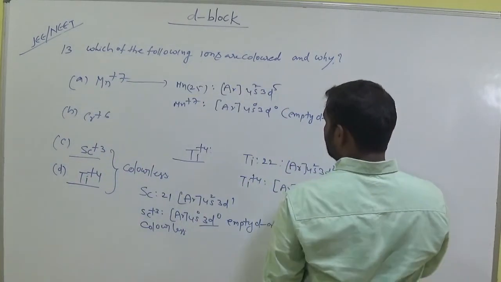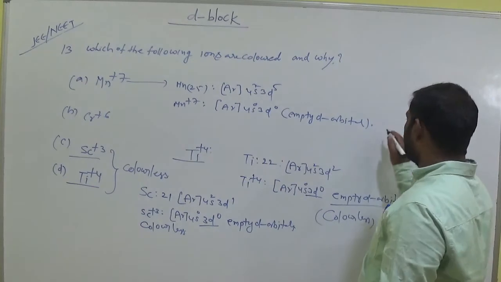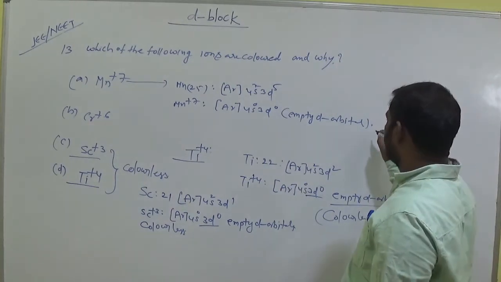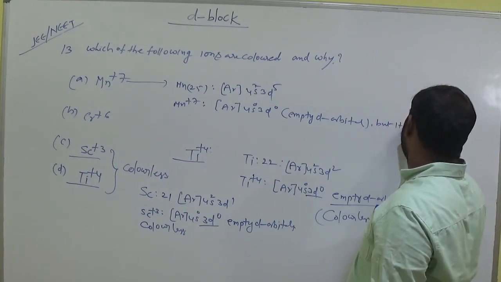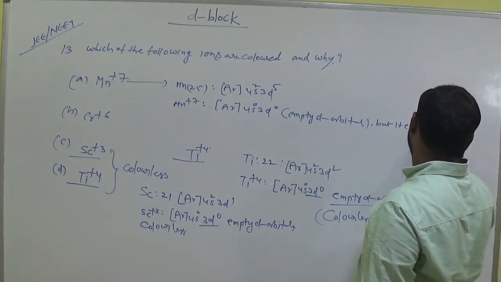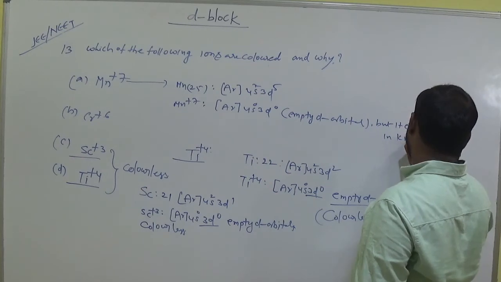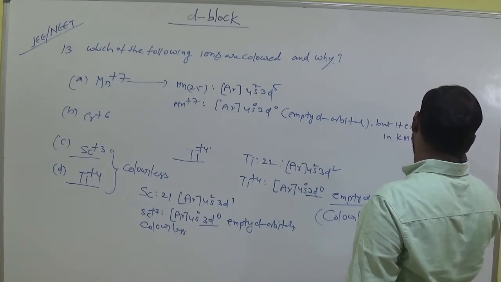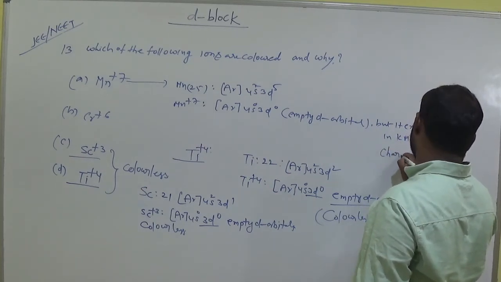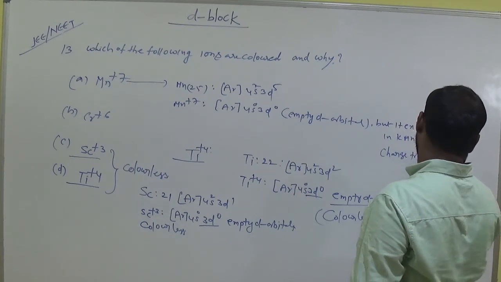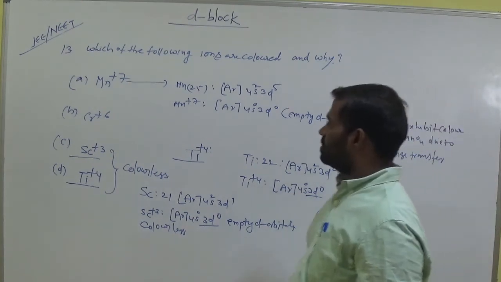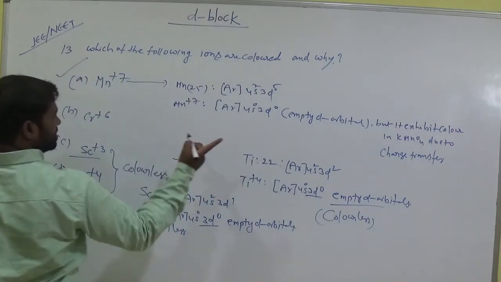But it exhibits color in its compounds like KMnO4, due to charge transfer. So this is colored due to charge transfer.